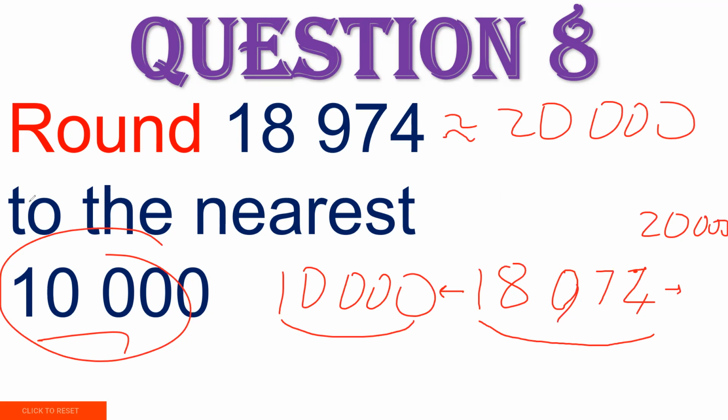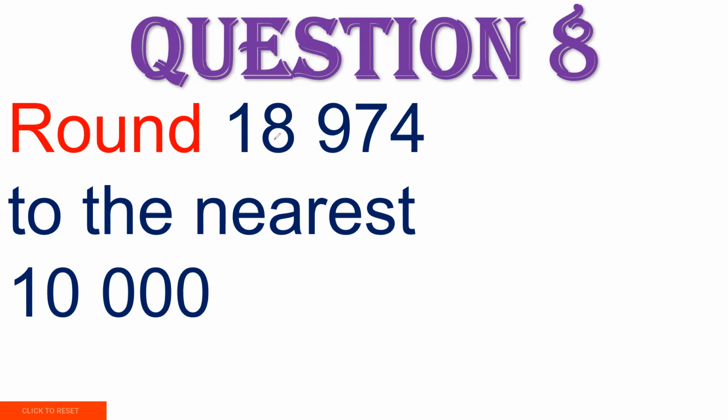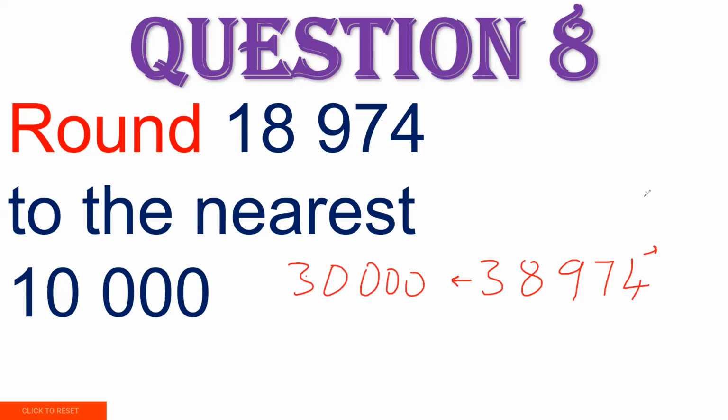We just answered quickly, but to understand, let me give another example. If you have 38,974, before 38,000, what you have is 30,000. And after that, 40,000. Just check 38,000, and then just before that, after that.